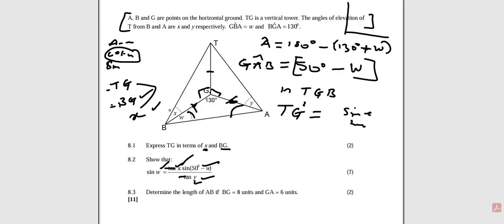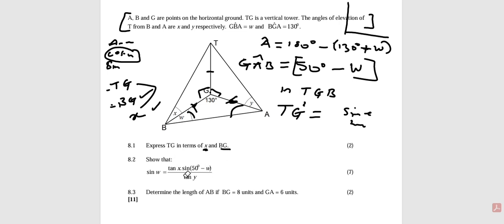On this part here, you just need to check that you know your x is on this triangle, and your y is on the other triangle, which is that side, and then your w and the 50 degrees minus is on the other side. If you can apply the laws with all those things, then you'll be fine.